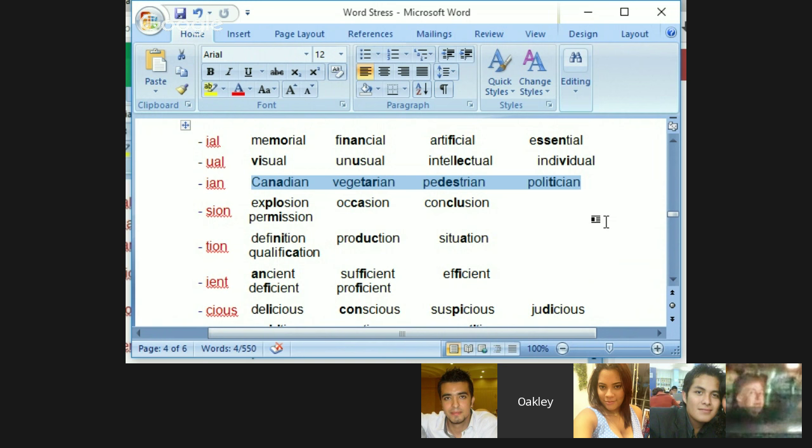Okay. Well, Canadian, definitely adjective. Canadian man. Vegetarian man, definitely adjective. Pedestrian can be an adjective. It's a little obscure, but it means boring, everyday, usual, nothing unusual. He has a very pedestrian diet.